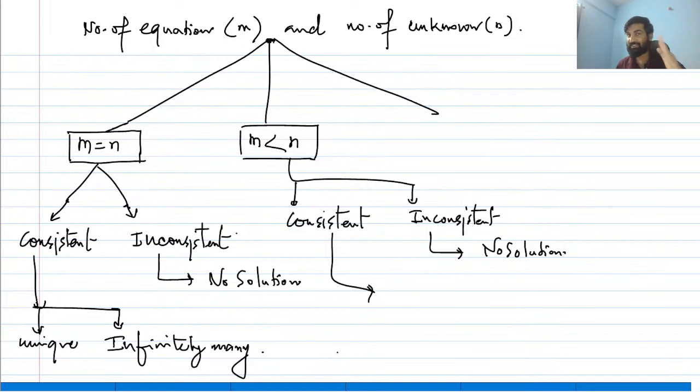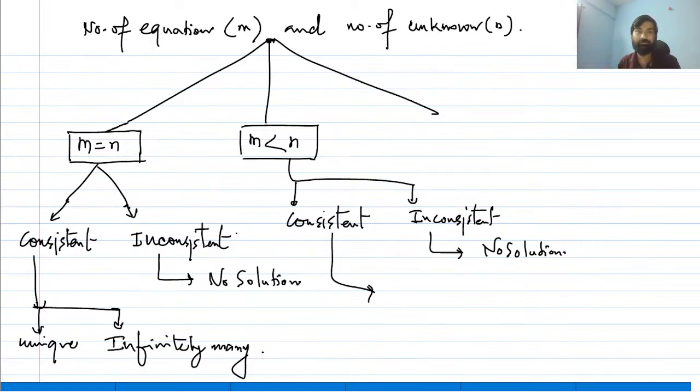In the GATE examination, such questions have been asked, and you can answer them by blinking your eyes. You don't have to remember concepts like the rank of an augmented matrix. I will tell, just wait and watch. Consistent means here you can't get a unique solution, because the number of equations is less than the number of variables.